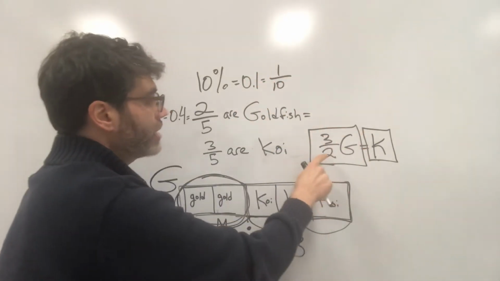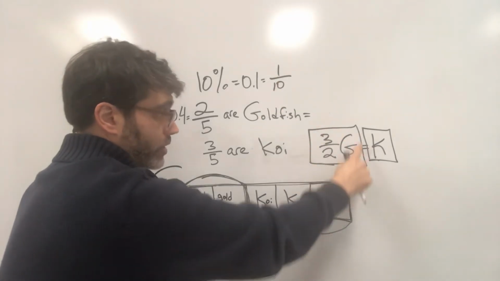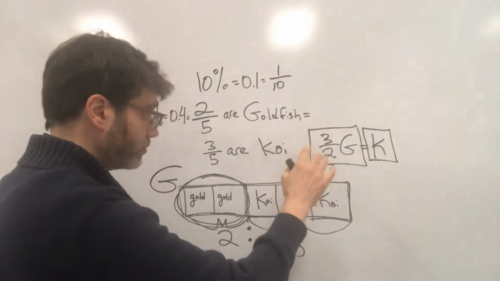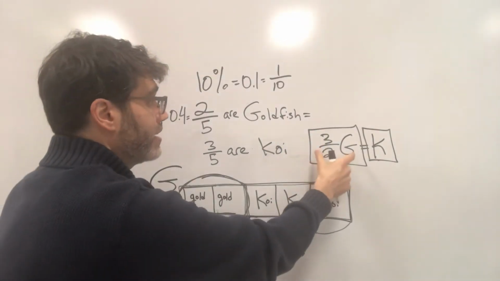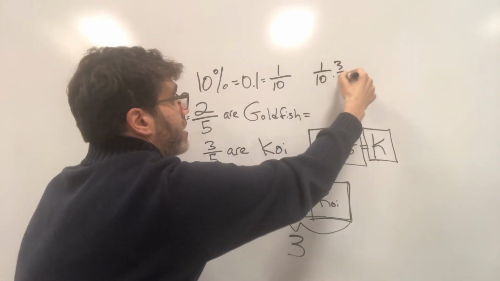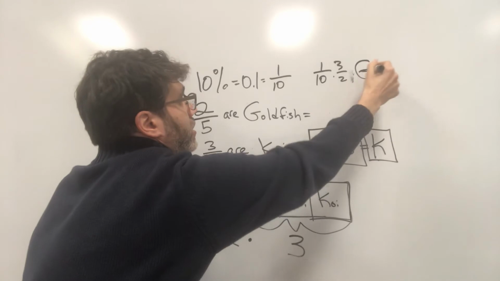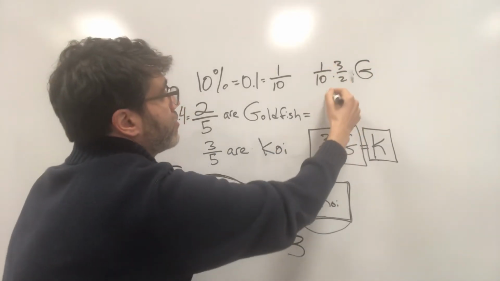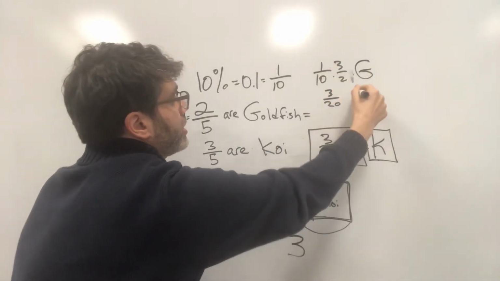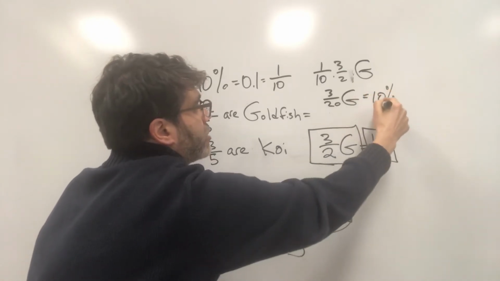So I need to multiply 1/10 times the total amount of koi originally in terms of g to get whatever 10% of that is. So 1/10 times 3/2 g equals 3/20 g. This equals a 10% increase.